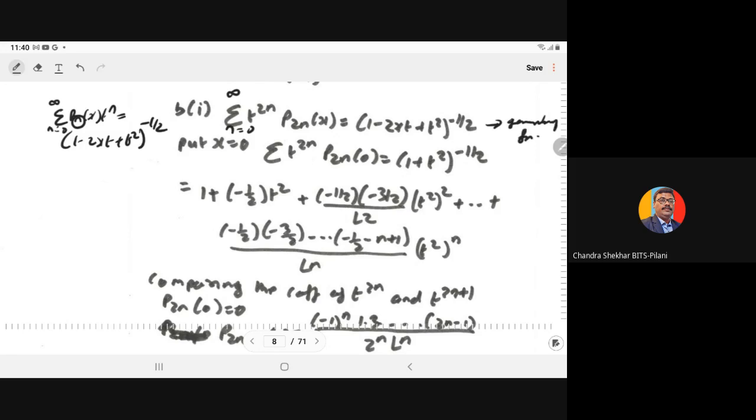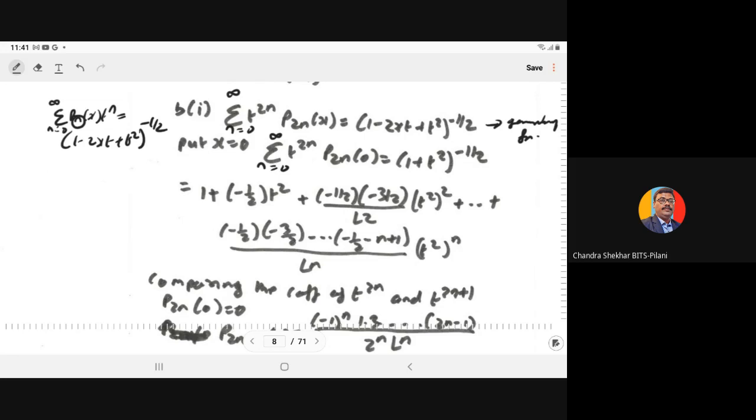In the generating function, if you put x is equal to 0, here we have the summation n is equal to 0 to infinity t to power 2n P_2n 0 is equal to 1 plus t square power minus half. So what is the expansion of 1 plus t square power minus half?